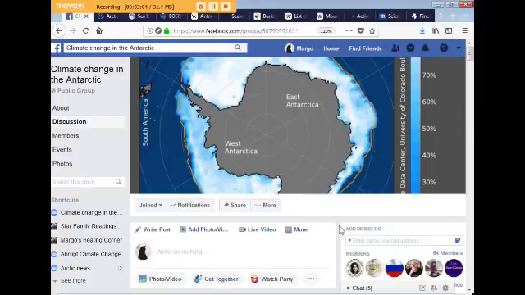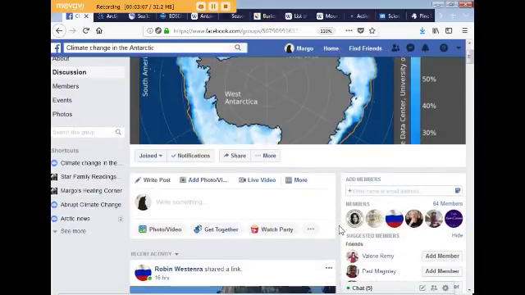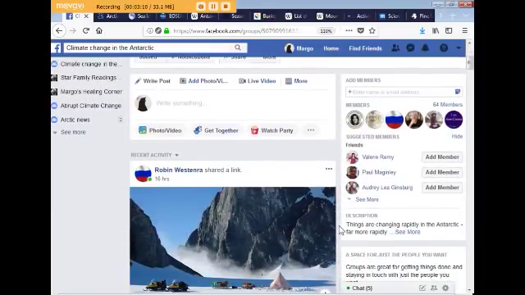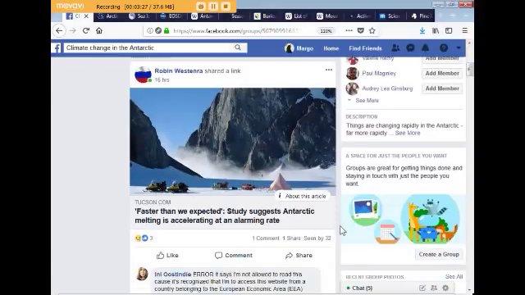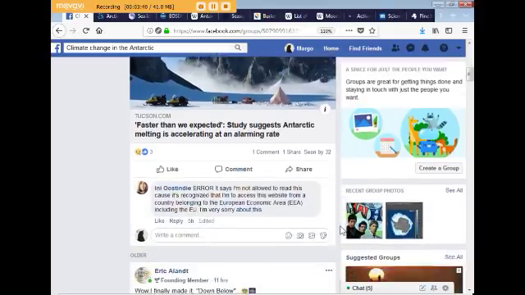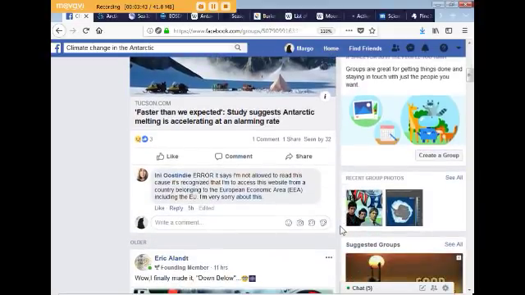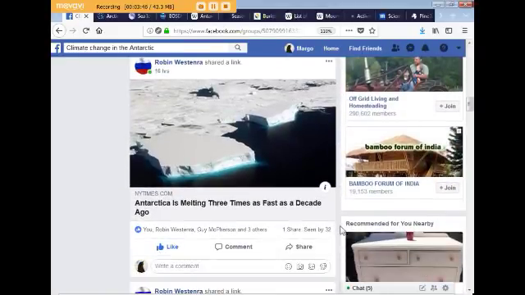And so as a result of us talking about this, he started this group last night, and it's an open public group. I'm a member, he's a member, and there are a few members so far. He's posted a lot of links of his research already. So if you want a crash course on what's going on in the Antarctic, about how it's melting faster than they expected, he's got lots of links to articles.